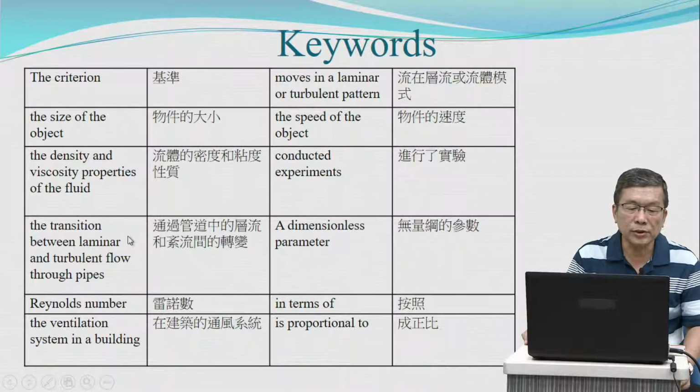The transition between laminar and turbulent flow through pipe. A dimensionless parameter. Reynolds number in terms of the ventilation systems in a building, in proportional to.